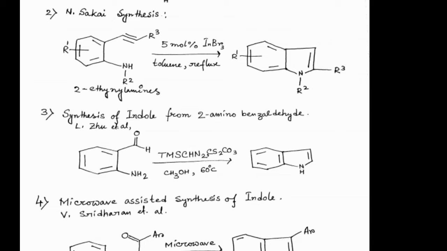The complete name of this reagent is trimethylsilyl diazomethane: trimethylsilyl from silicon, diazo because two nitrogens are present, in the presence of methanol, CH3OH, at 60 degrees Celsius. At 60 degrees Celsius the reaction is carried out, and finally we get the indole moiety.